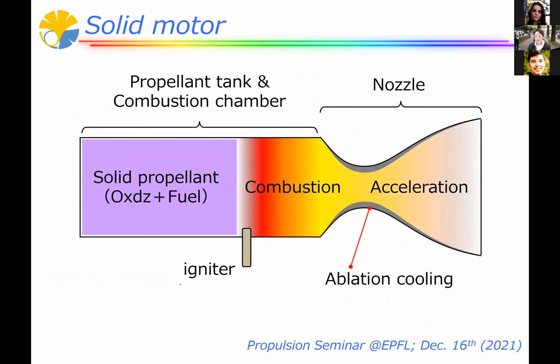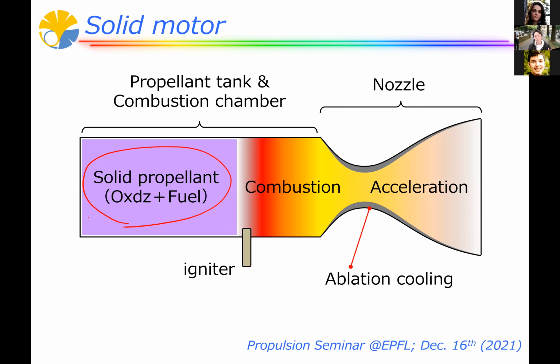Okay, then I want to move to chapter 3, solid motor. This slide shows the concept of a solid motor. I think the good point of the solid motor is its simplicity. Basically, it consists of a solid propellant. It's a kind of slowly combusting explosive, or in other words, a gunpowder.